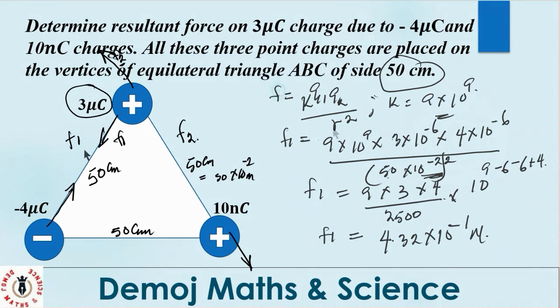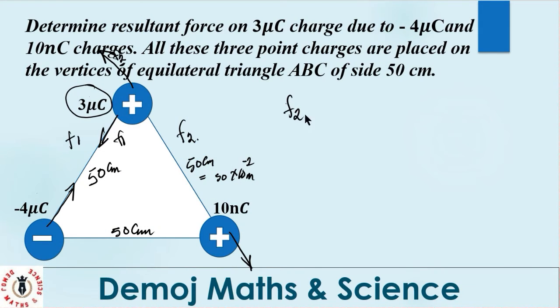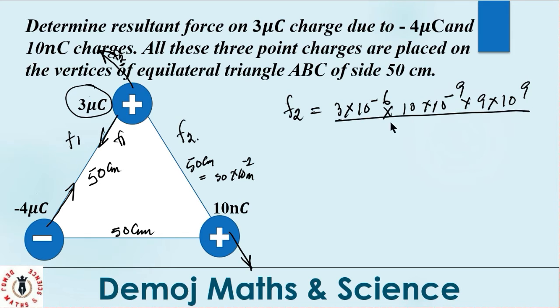Now let's calculate F2. Similarly for F2, my Q1 here also is 3 times 10 raised to power minus 6, times Q2, which is 10 times 10 raised to power minus 9, times 9 times 10 raised to power 9, all over R squared, 50 times 10 raised to power minus 2, all squared.